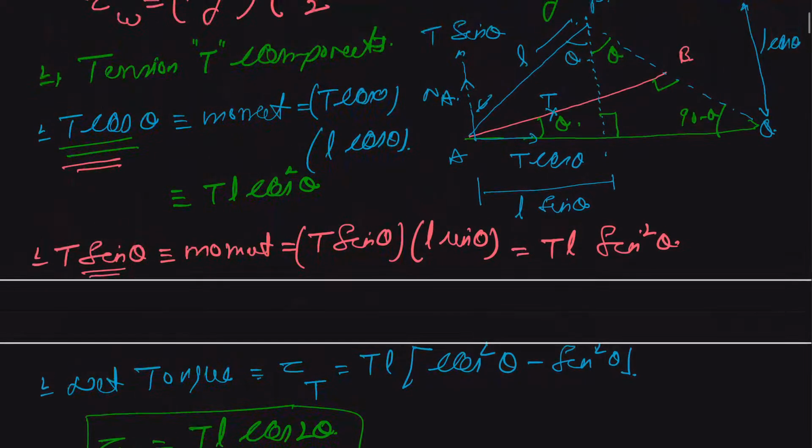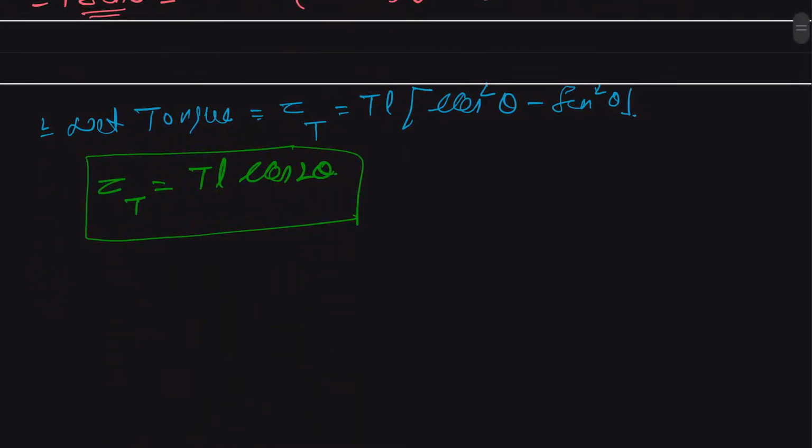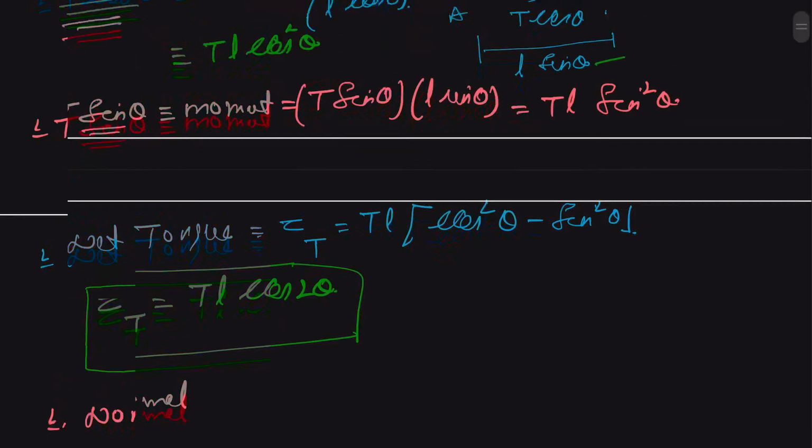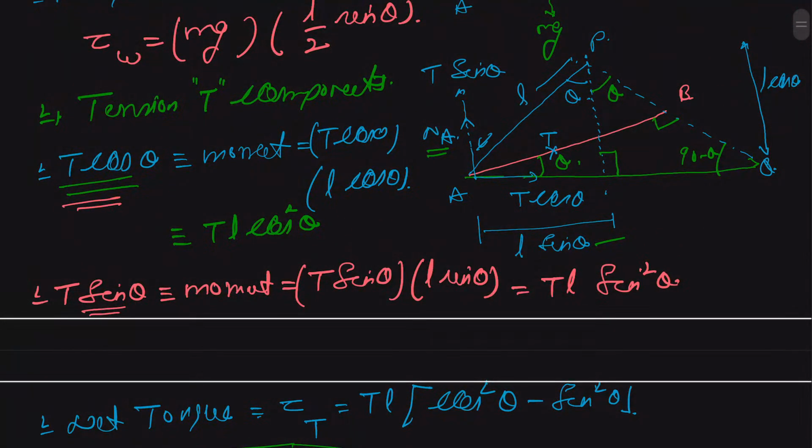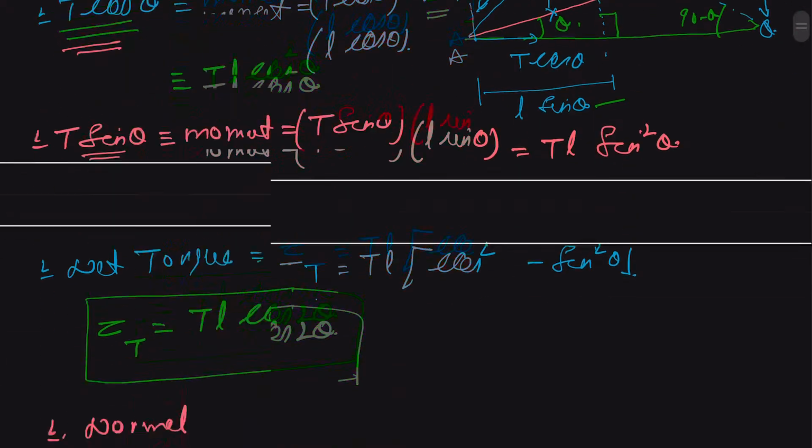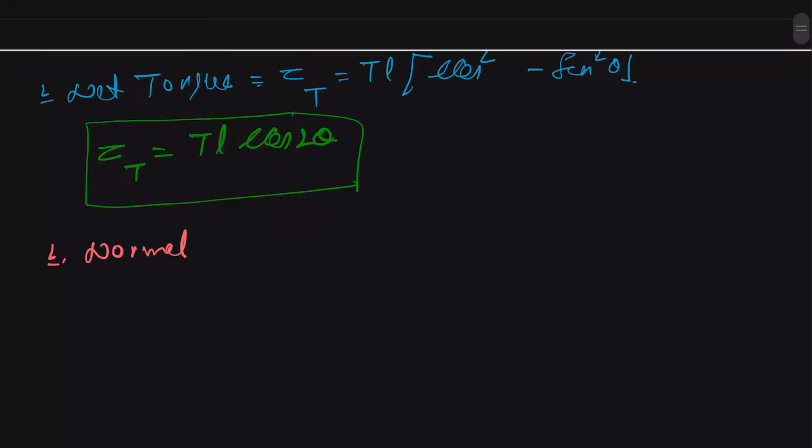And there is also normal NA. Okay. And its distance is similar to our L sine of theta. Okay. Therefore we can say that normal, or let us keep it n for the sake of simplicity, much easier. So we can say that the normal n will be giving us a torque.